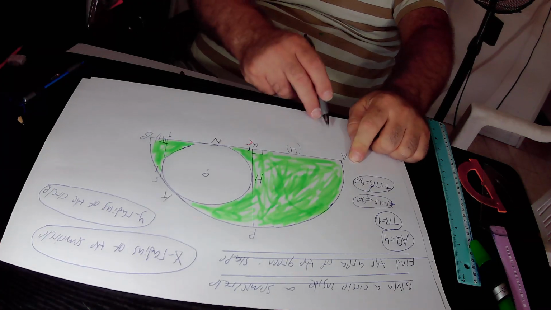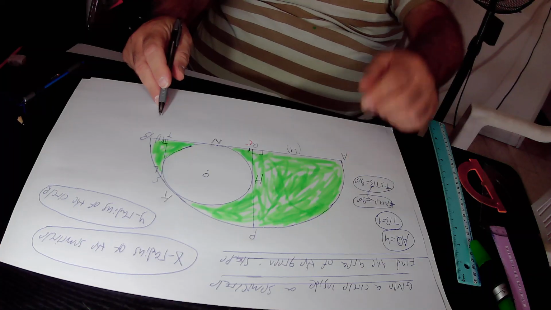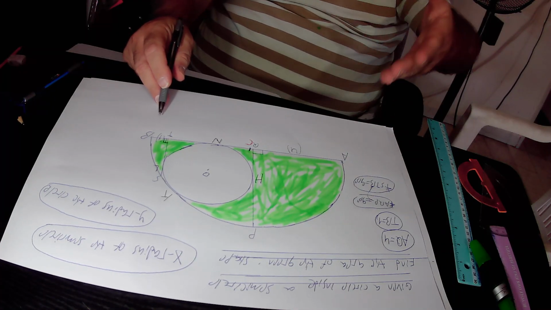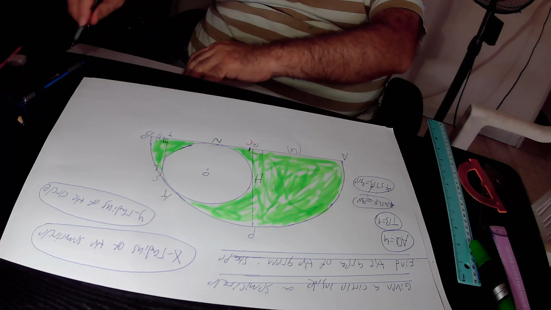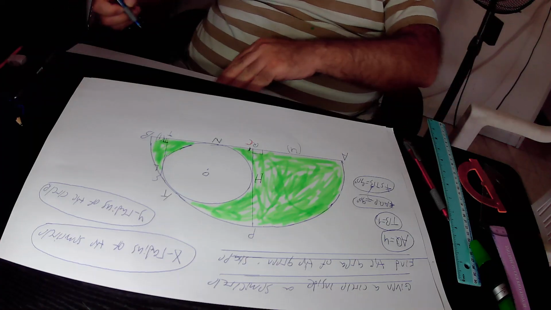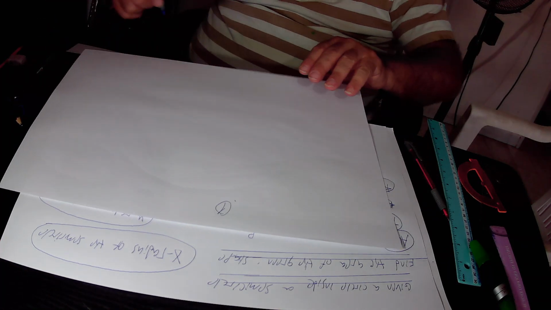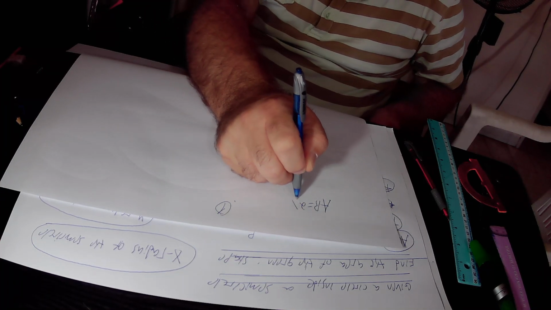The diameter AB of this semicircle is twice as long as the radius. The radius is x. Therefore, the diameter AB equals to 2x.